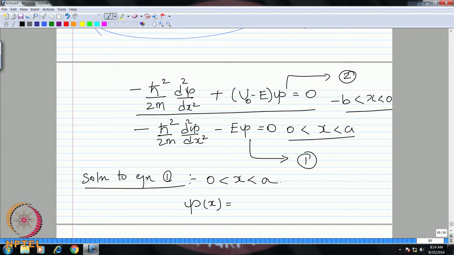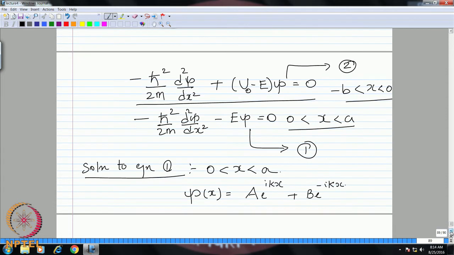We can write in terms of exponential functions. So, we have A e power i k x, the right running wave, very good, plus B e power minus i k x, good.